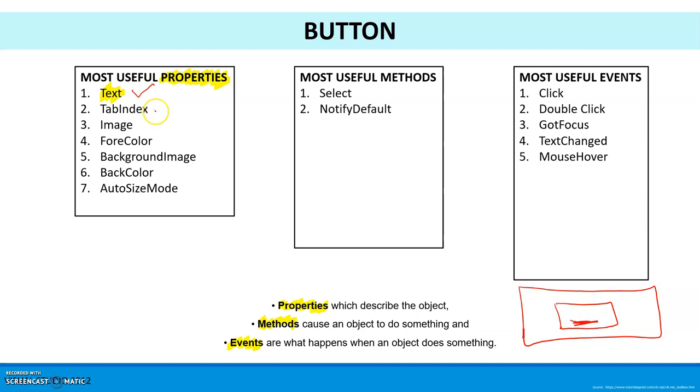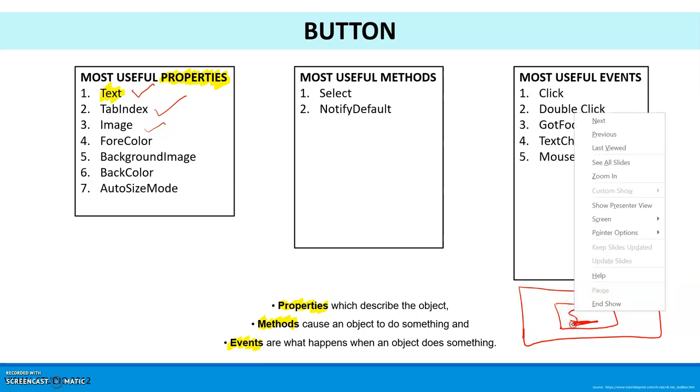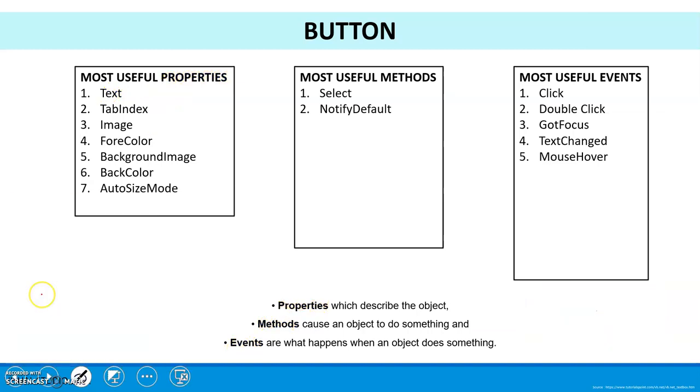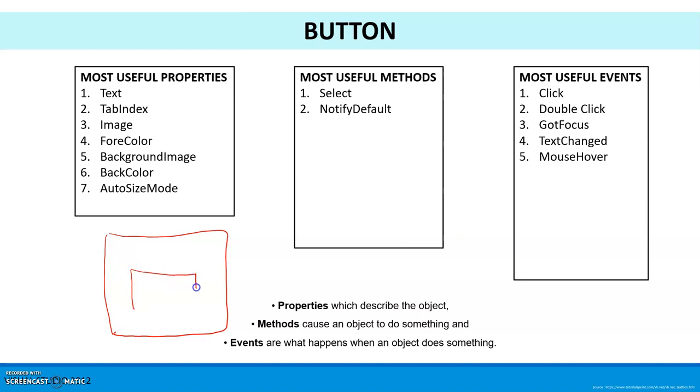Then we have a tab index. We have already discussed. Image is like, let's say this button is for save, to save something. Okay, let me draw it again. Here we have a form, and on the form we have a button, and let's say this button is to cancel something, right?